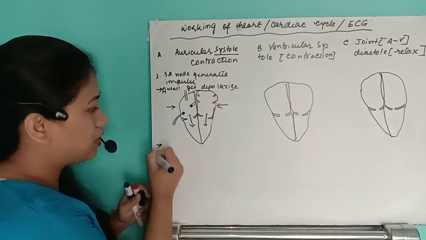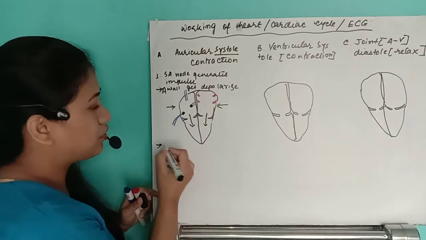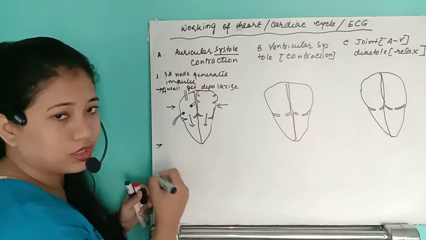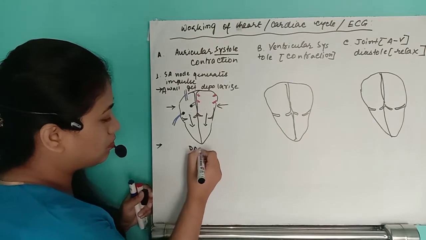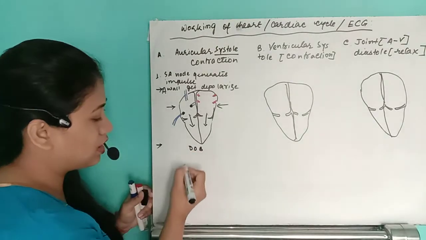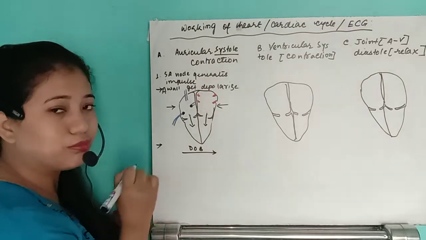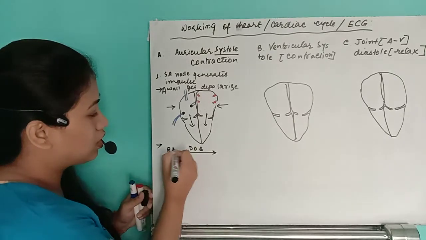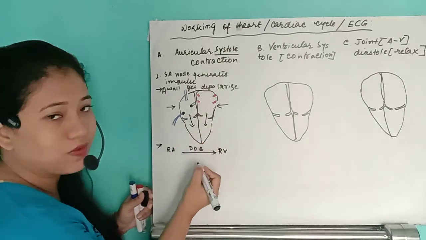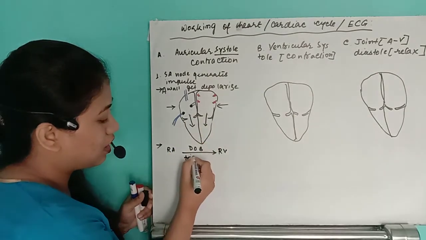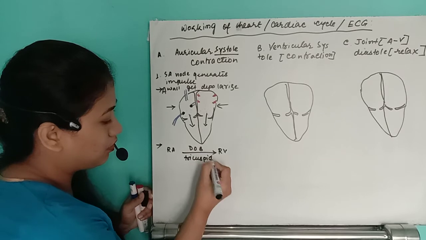At that time what will happen? The blood will move from the right auricle to the right ventricle, right? So the deoxygenated blood, I will write like this, DOB. Deoxygenated blood will move from the right auricle to the right ventricle. By opening what? This valve. What is the valve? That is tricuspid valve.